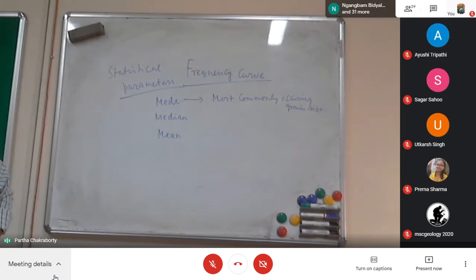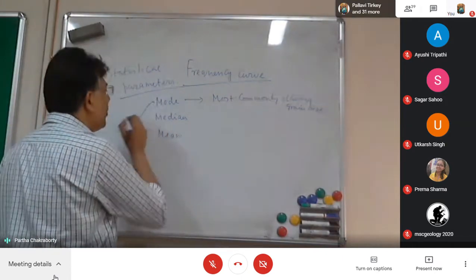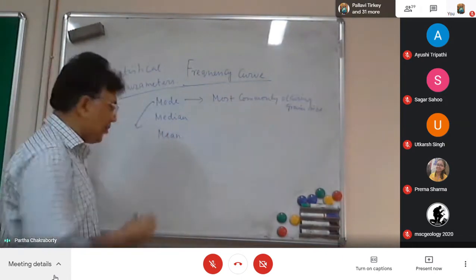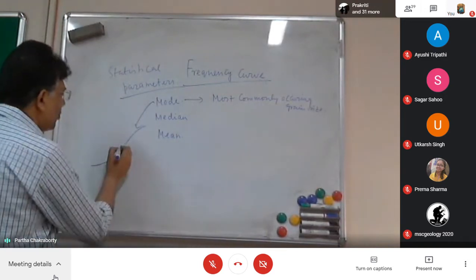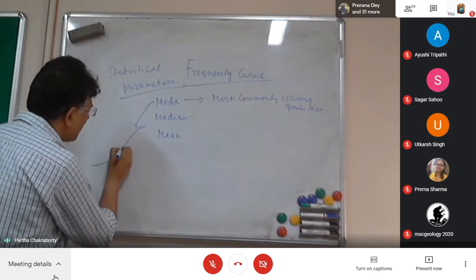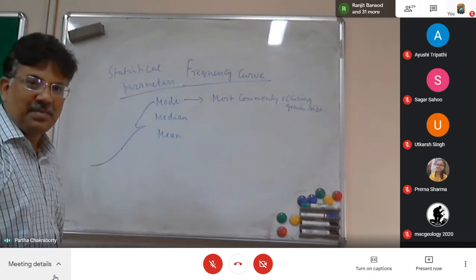The steepest point, the highest gradient point of the cumulative curve, is a very tentative way to get it. Suppose this is a cumulative curve, we choose the most steep portion of the curve.